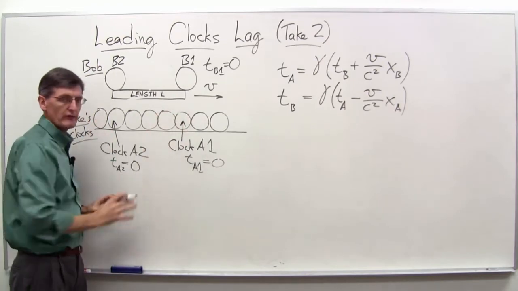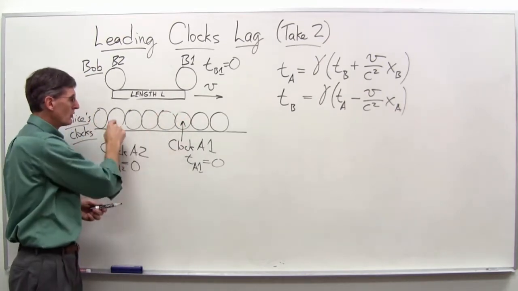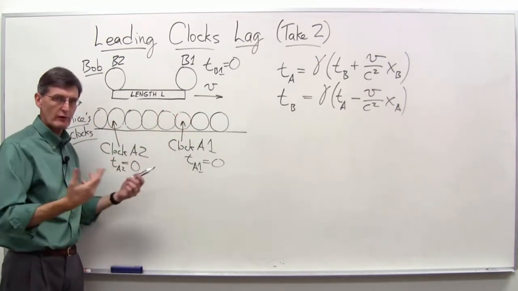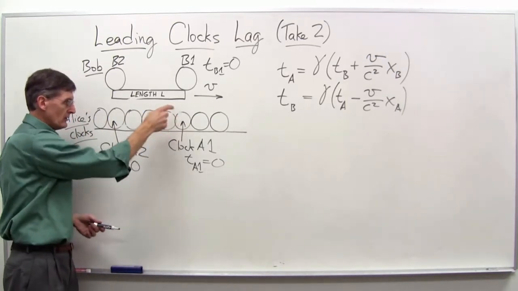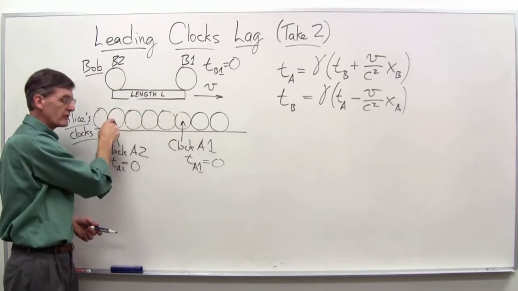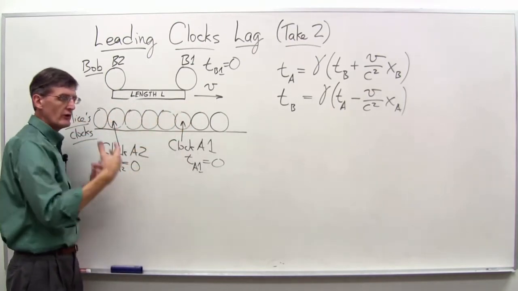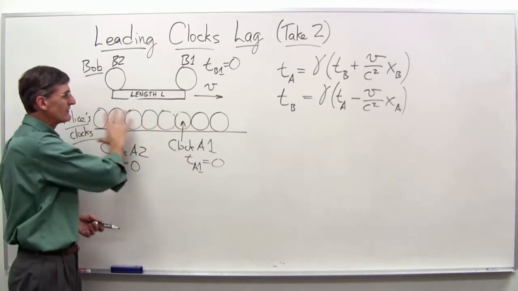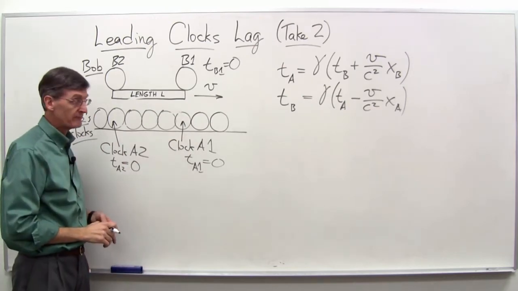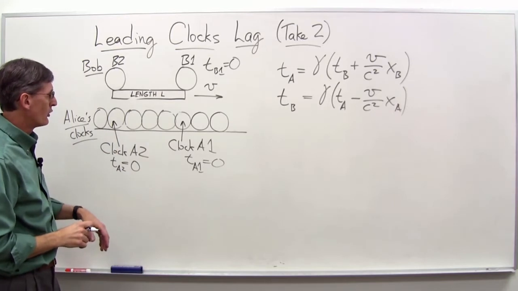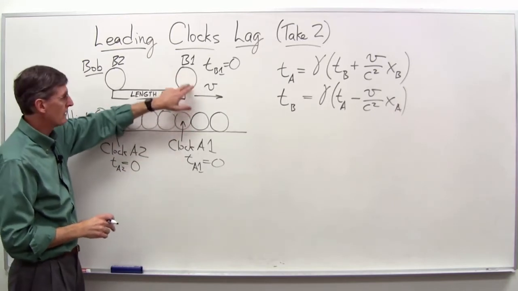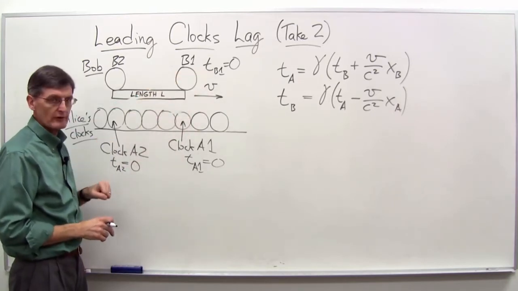Those flash photographs both show her clocks reading 0. That's why we know it's from Alice's perspective: if this clock reads 0 and that clock reads 0, they're synchronized, at the same instant in time as far as Alice is concerned. So we also know for the first flash photograph, T sub B1 equals 0 here.